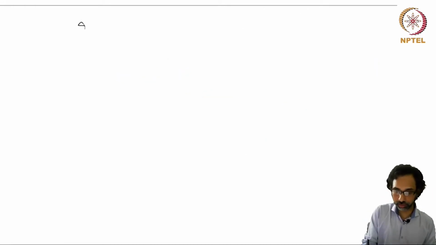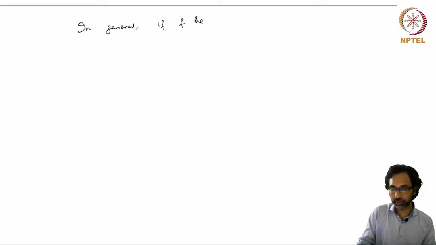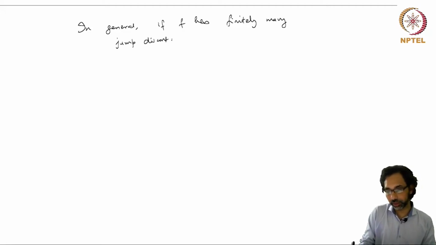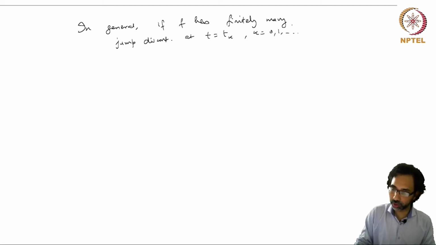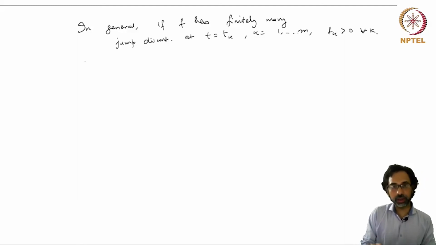In general, if f has finitely many jump discontinuities at t equal to tk, k equal to 1, 2 up to m say, and all these tk's are greater than 0, and we keep our assumptions for f.